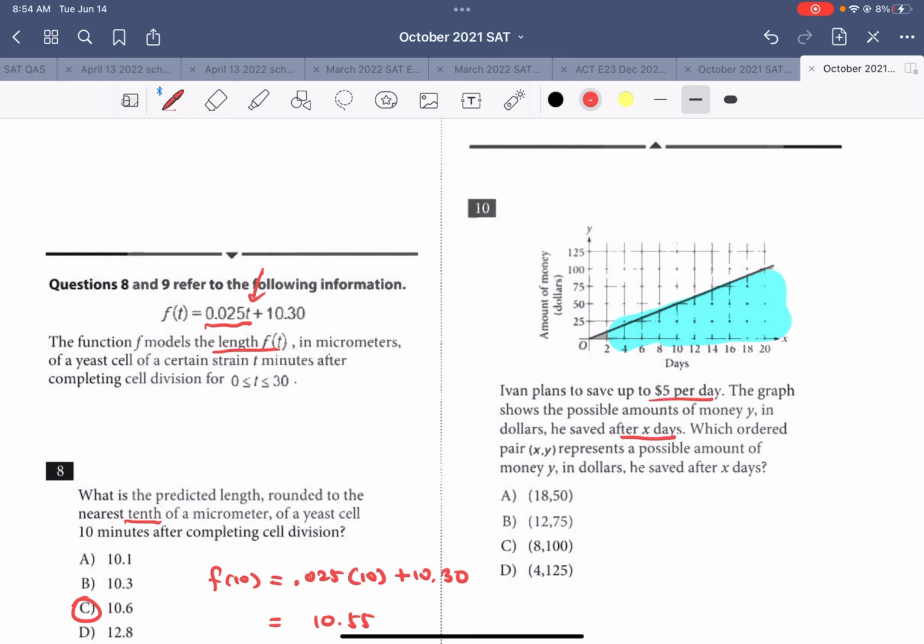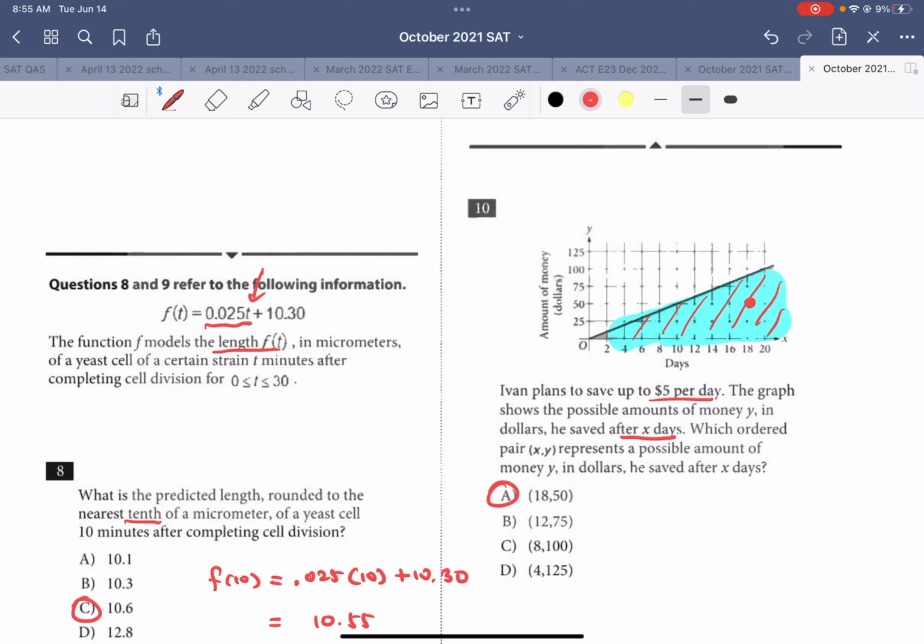Which ordered pair represents a possible amount of money in dollars he saved after x days? So possible is right here. Any data values in that region are possible. So when you see 18,50, it is right here, so that's a possible answer.